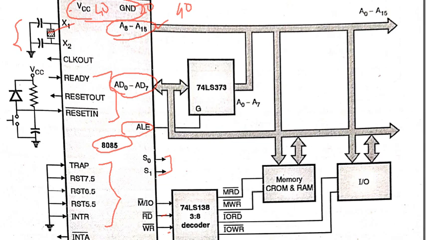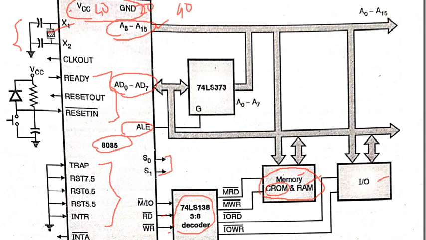So by using this 8085 microprocessor, we have to design a system that contains the memory and input output devices. There is a decoder used here. So we have to design a simple system. In that the memory is ROM and RAM. RAM is the main memory, that is random access memory, and ROM is the read only memory.